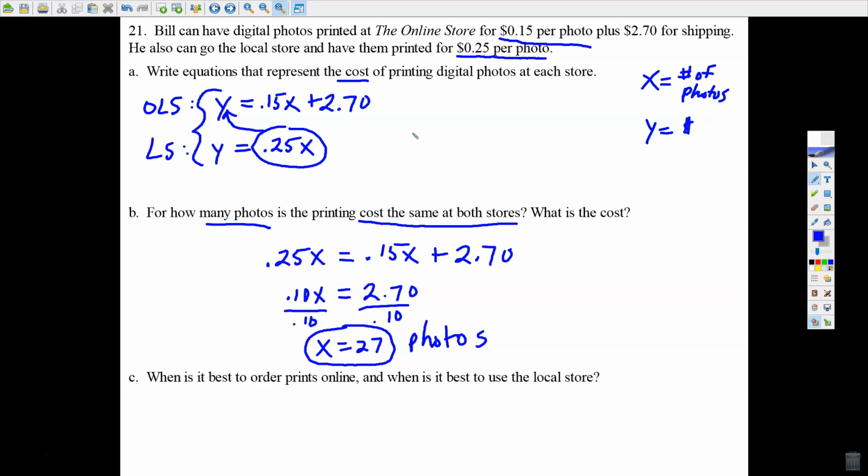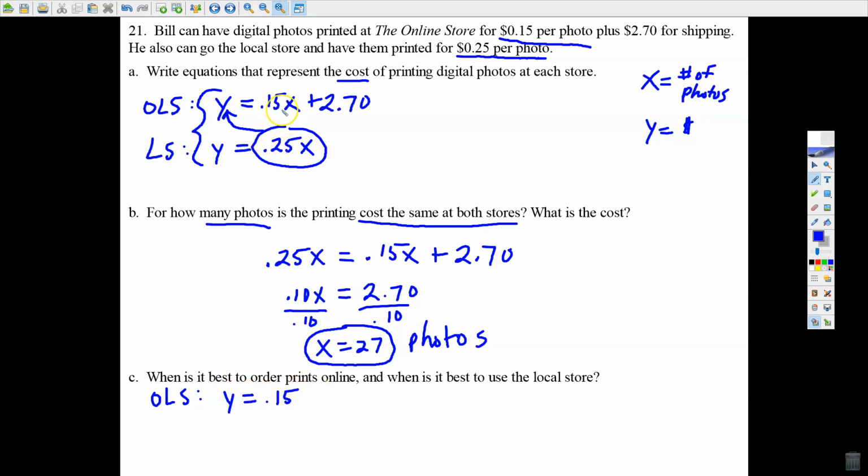Now letter C, it's a little different question. When is it best to order the prints online? And when's it best to use the local store? Well, just to do a little test, let's change this number. Let's pretend like we only wanted 26 photos. Okay, so for the online store, if I'm just printing 26, let's see how much that would cost.